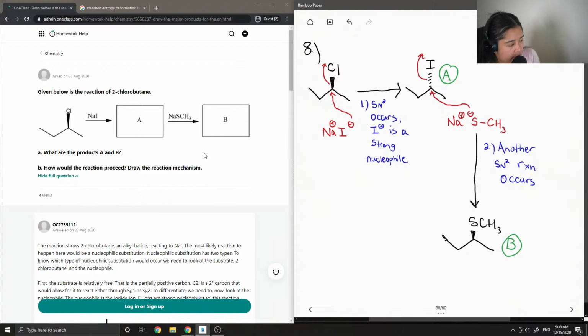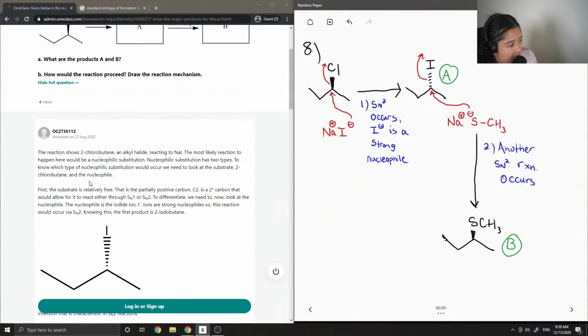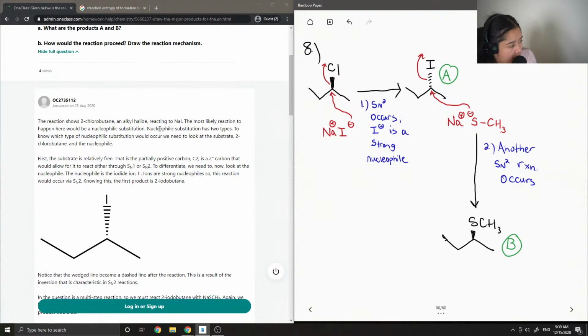Okay, so let's see what the junior tutor said. The reaction shows 2-chlorobutane, an alkyl halide, reacting with sodium iodide. The most likely reaction to happen here would be a nucleophilic substitution. Nucleophilic substitution has two types.